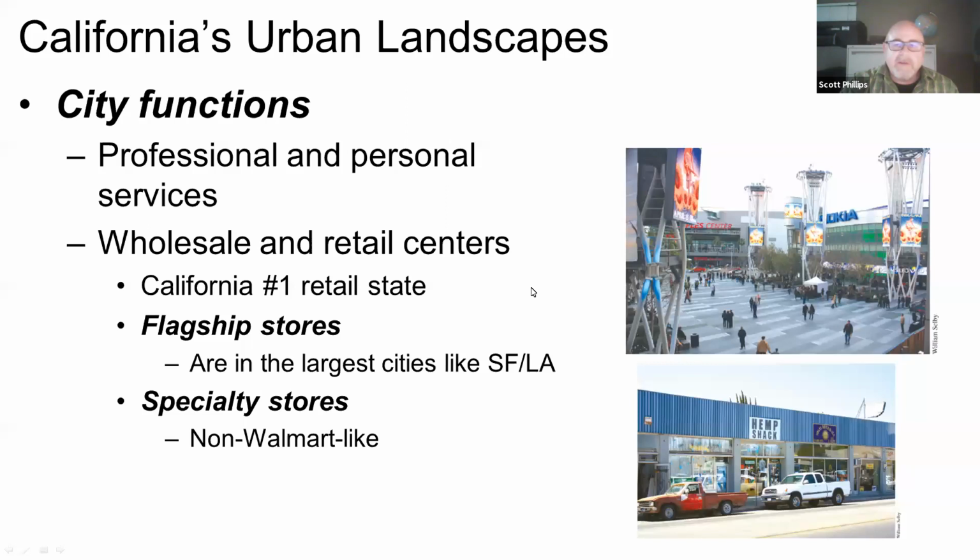Things that are very specialized. And other cities just have other kinds of specialty stores. This is called the Hemp Shack in Fresno. If you're a city above a certain size, there are many very specialized stores that can operate because you have a large enough population to support them. If you're a very small town, you might only have basic things like a Walmart, which is a non-specialized store. The bigger you are, the more specialized stores can become.